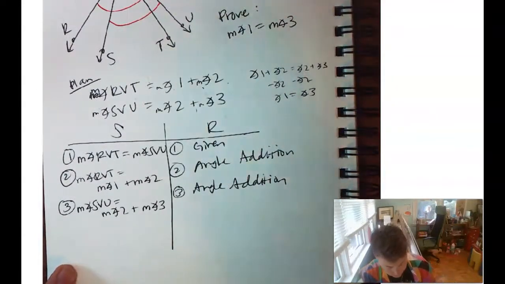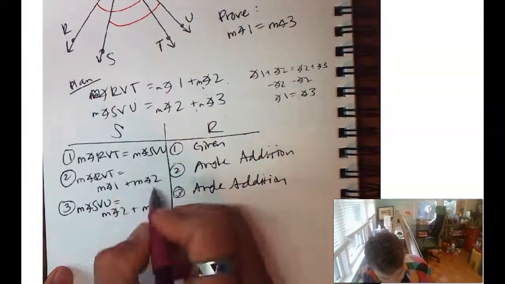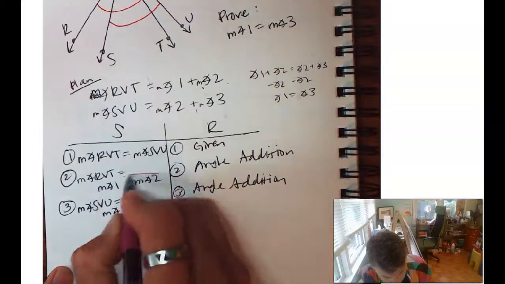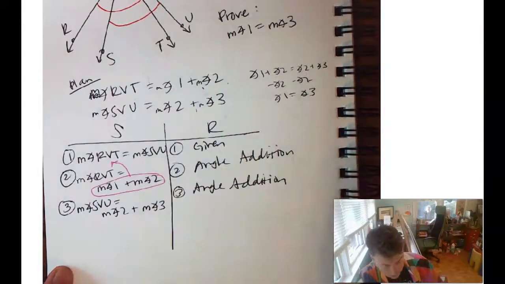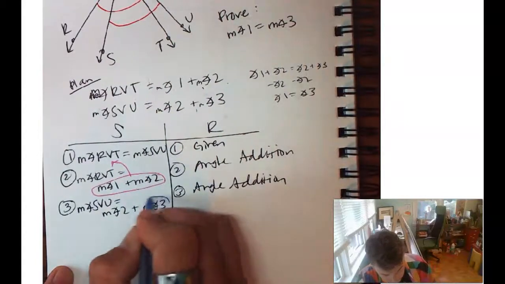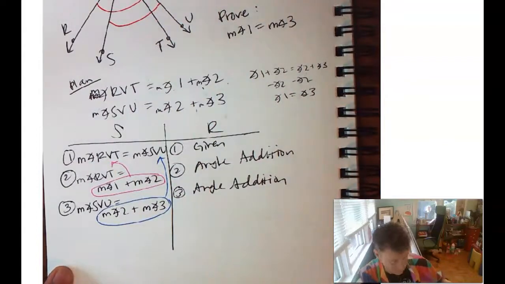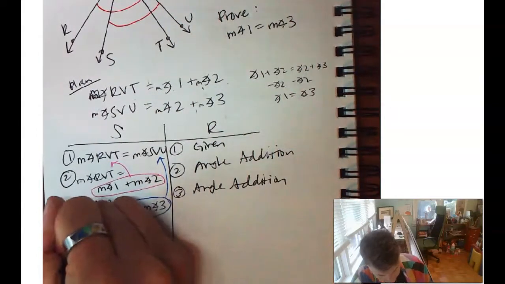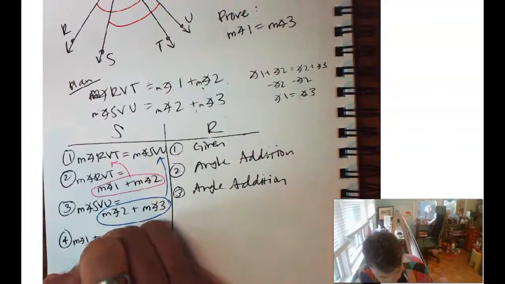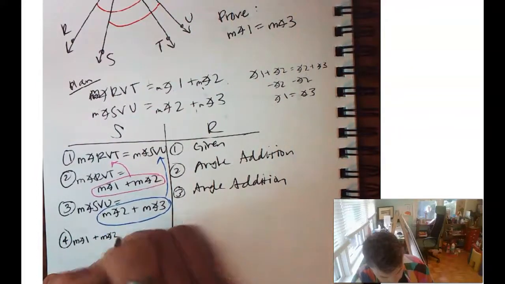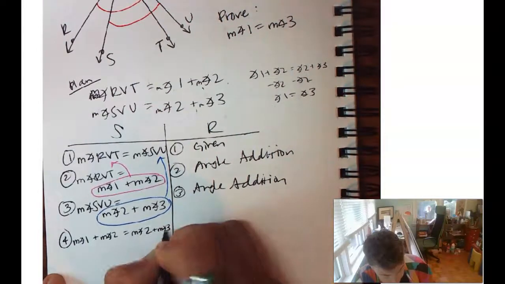Now, if these are equal to each other, I can plug whatever RVT equals in for that, and whatever SVU equals in for that. So we've got a new equation that says the measure of angle 1 plus the measure of angle 2 equals the measure of angle 2 plus the measure of angle 3.